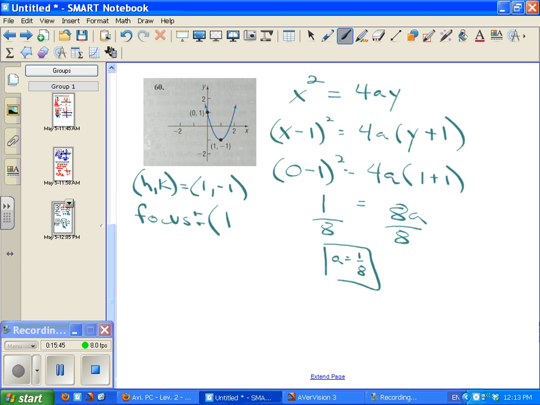It's going to be over 1, but down negative 7/8. Okay? And then my directrix is y equals negative 1 and 1/8. Good. Pretty easy? Better? Still don't get it?